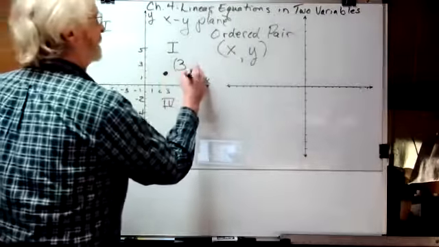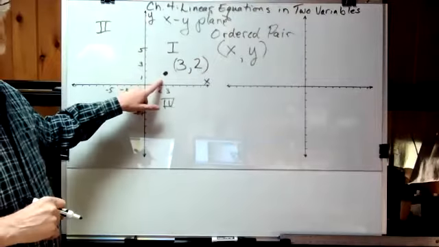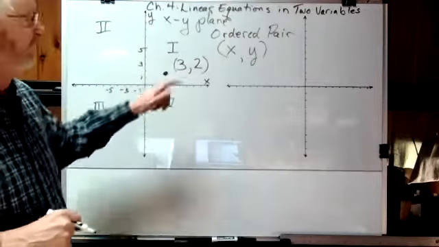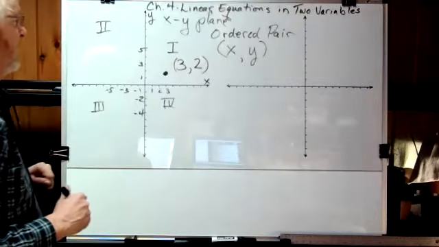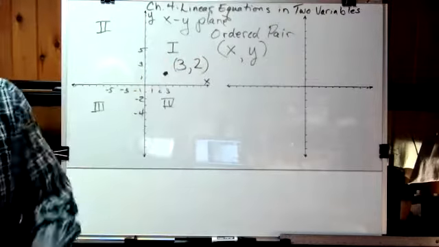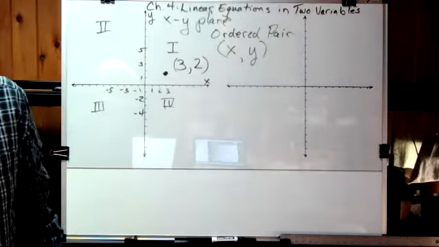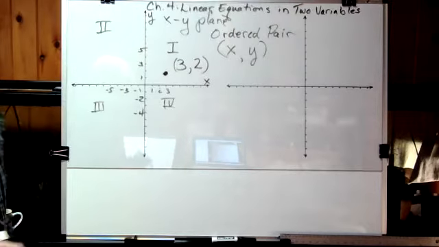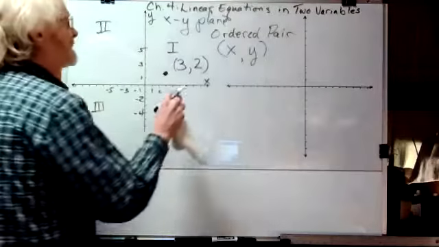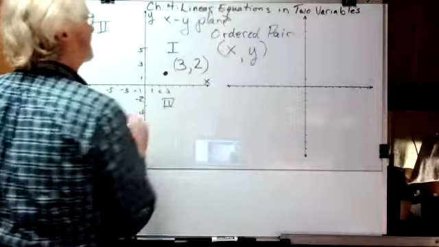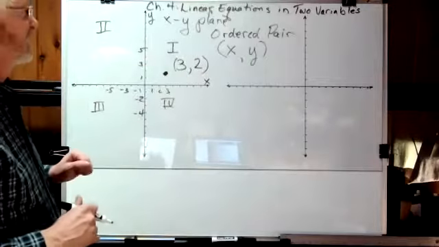So the coordinates for that point are 3, 2. X is 3, y is 2. And of course, depending on where I am in the plane, every location is going to have different coordinates. As whoever that was just suggested, you can recognize some patterns for each quadrant.